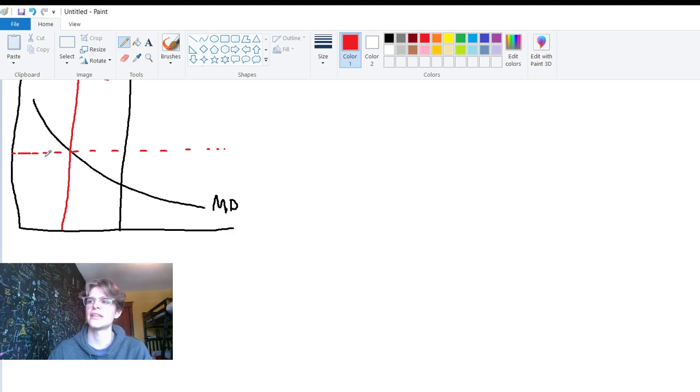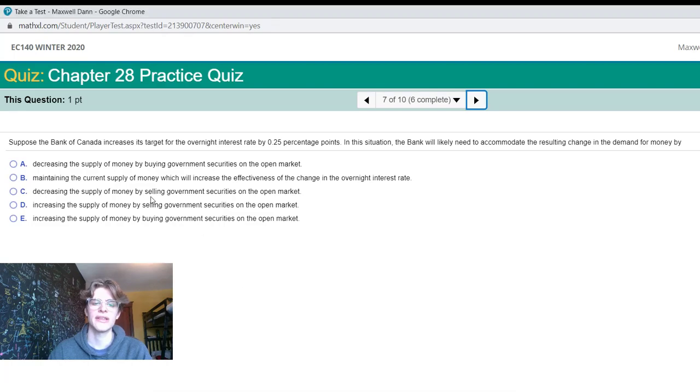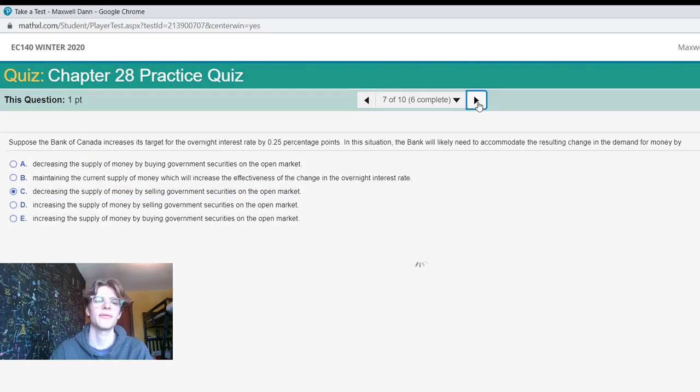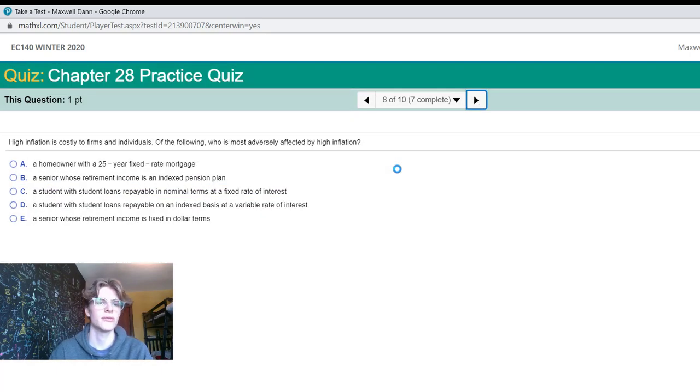They have to reduce the money supply as well. How can they reduce the money supply? Well, if they buy government securities, that's putting money into the economy, so we don't want that. But if they sell government securities, that's taking money out of the economy, which will reduce the money supply. And that will raise the interest rate.